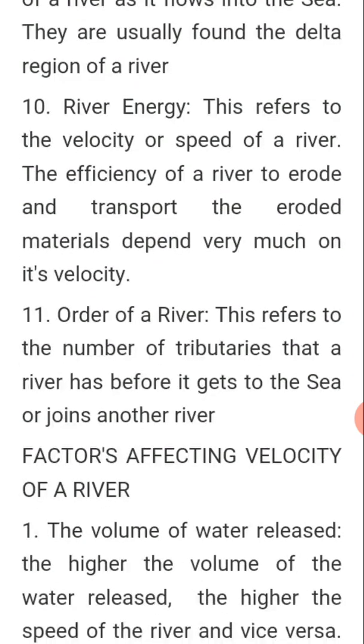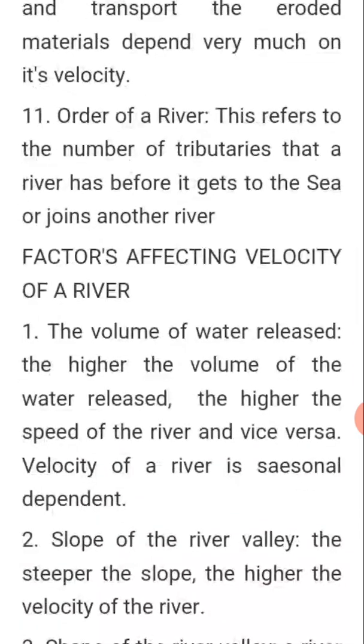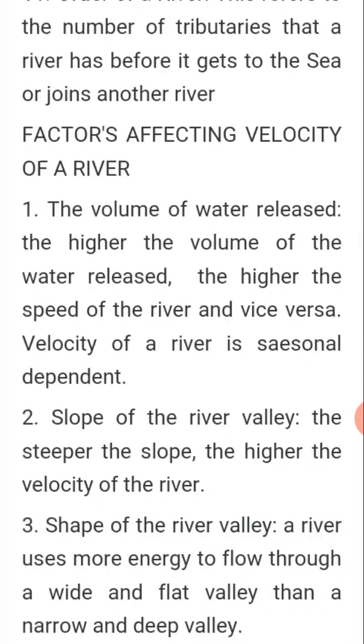This refers to the velocity or speed of a river. The efficiency of a river to erode and transport the eroded materials depends very much on its velocity. Order of a river. This refers to the number of tributaries that a river has before it gets to the sea or joins another river.